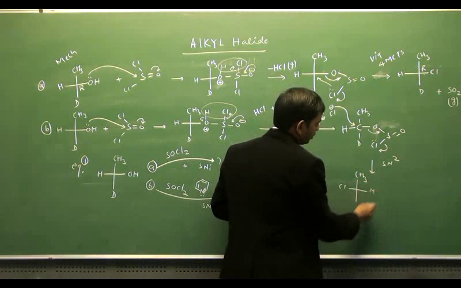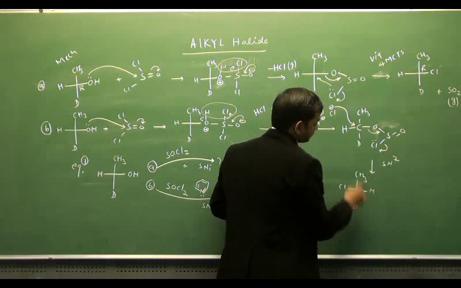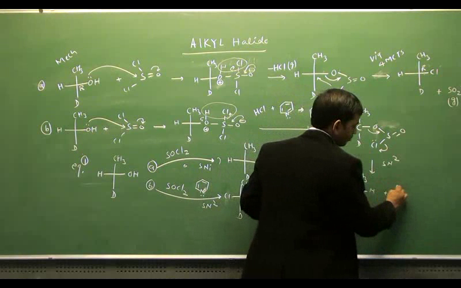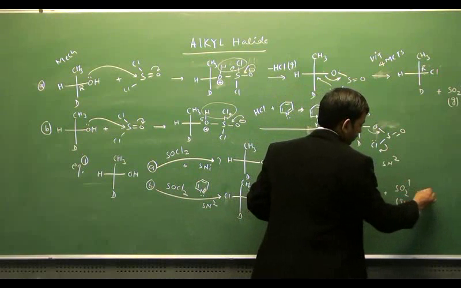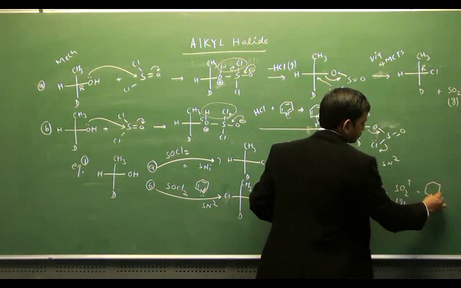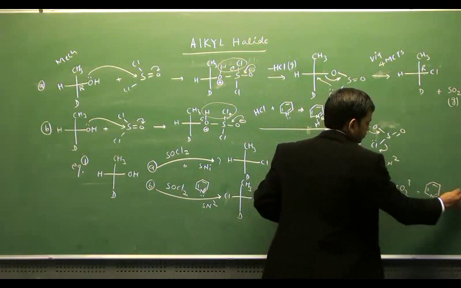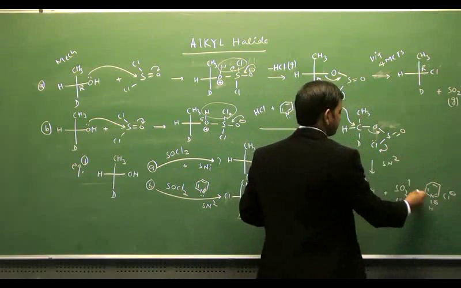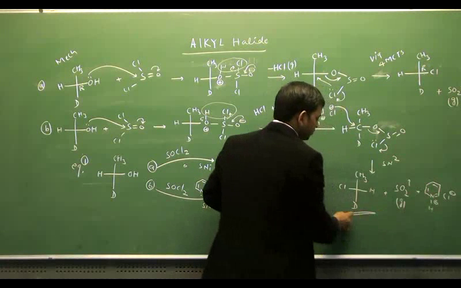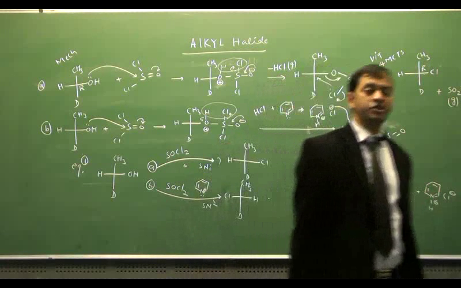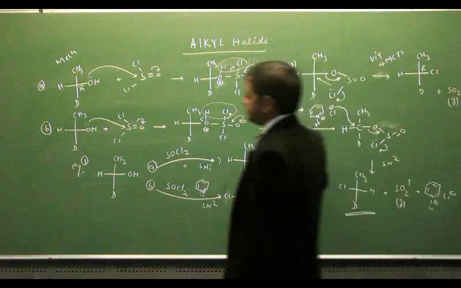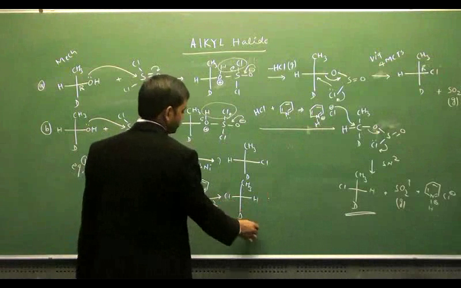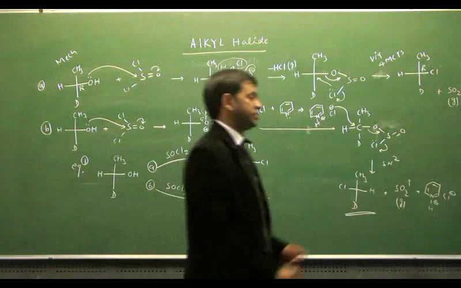There we obtain the inverted product, again with pyridinium chloride. So in presence of pyridine, the reaction converts into SN2, and this is the major product in that case. Let us see next.